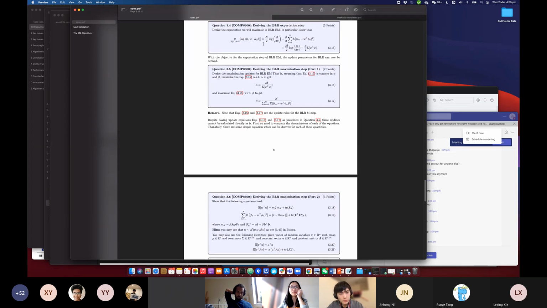Basically, how do we use this new recipe, EM, to derive what we just did today, Bayesian linear regression? That's the gist of this question. Again, it's broken down into the E step and the M step, which is broken down into 2 parts.